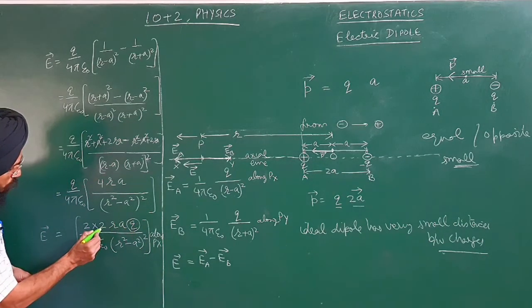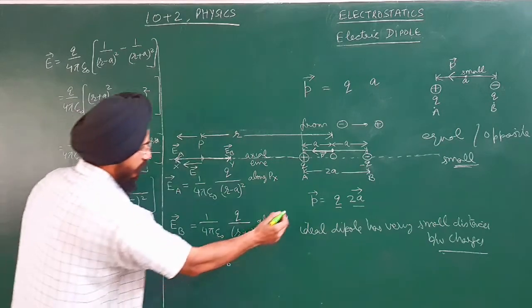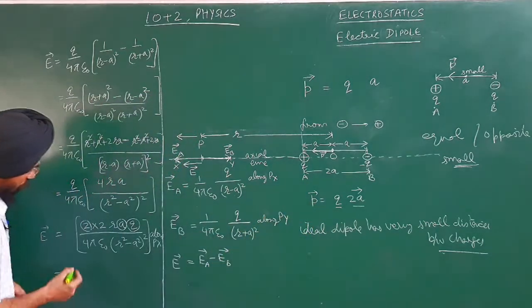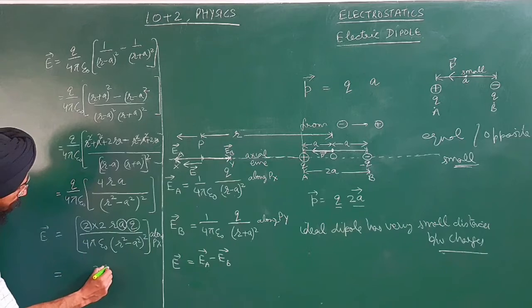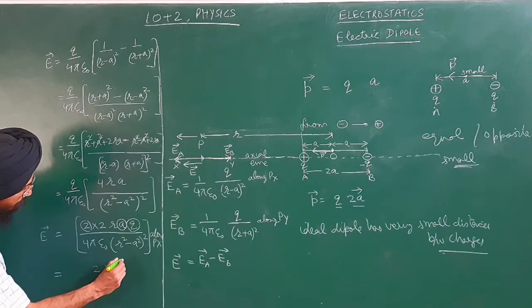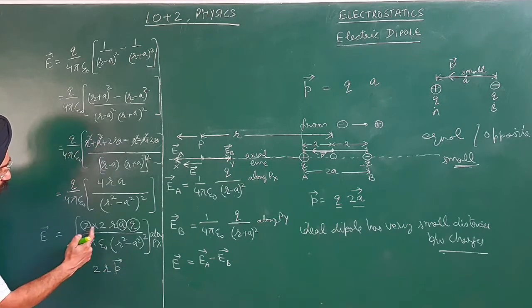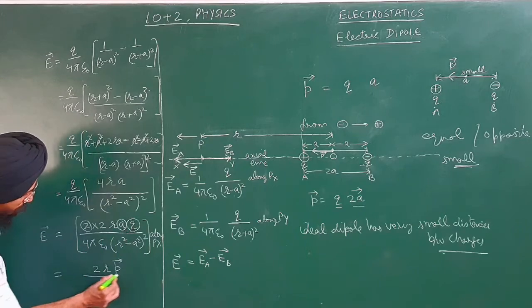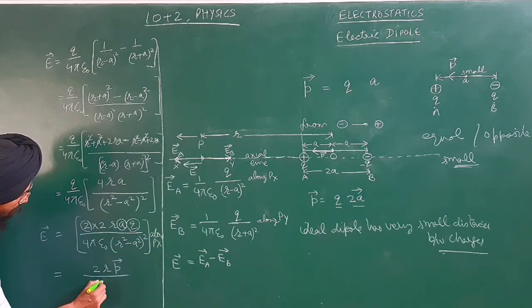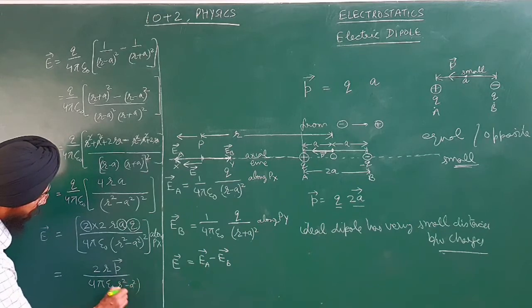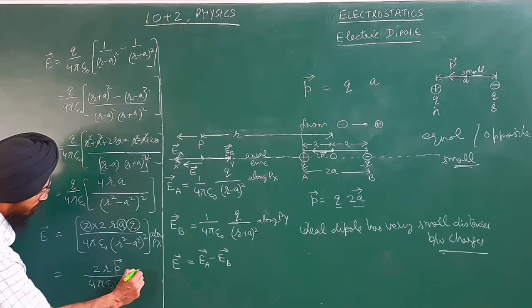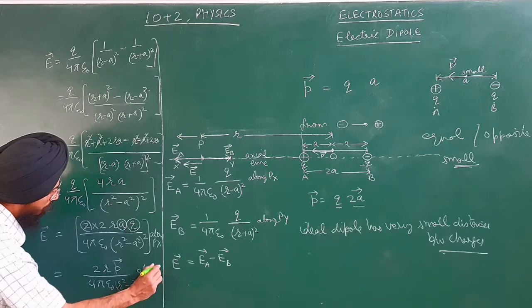Q into 2a will be my dipole moment. So I can write here 2r and p, the dipole moment, where p is q into 2a, divided by 4 pi epsilon naught r square minus a square whole square along px.